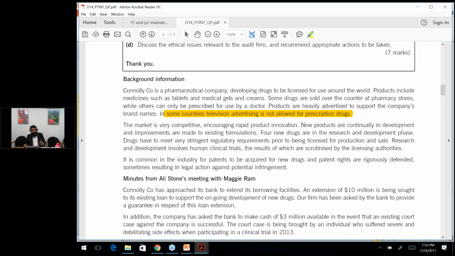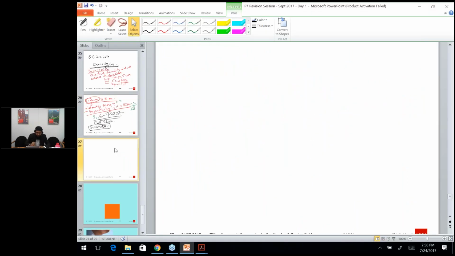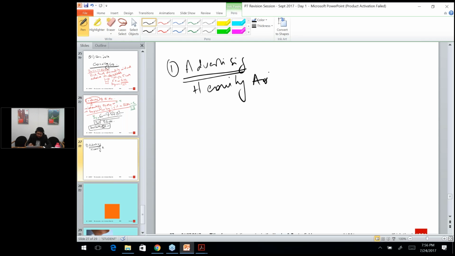See, what is a business risk? A business risk is the risk that the entity will not be able to achieve its objective. If I try to identify the business risk in this given scenario, business risk number 1 is going to be that advertising is banned in some countries, and we are heavily advertising in certain countries.